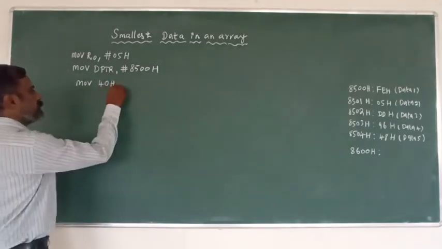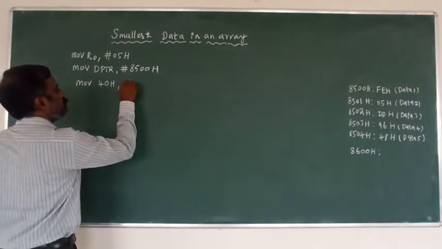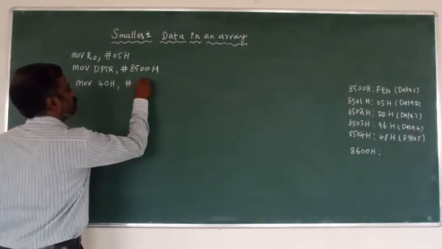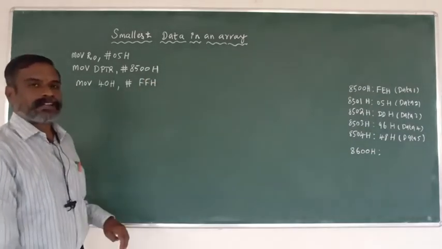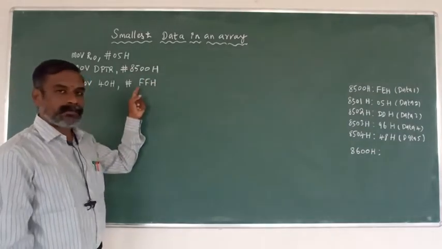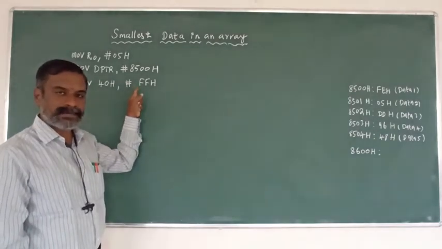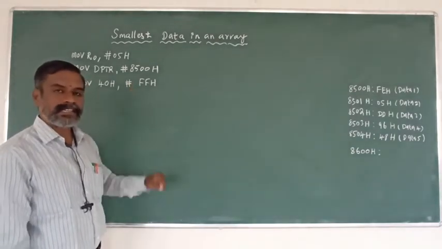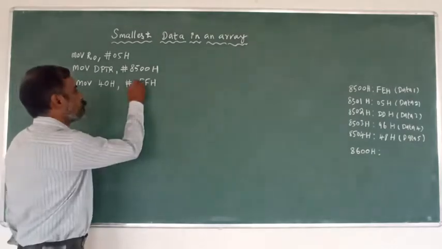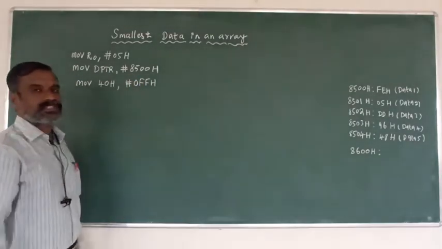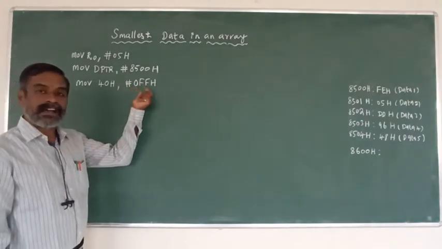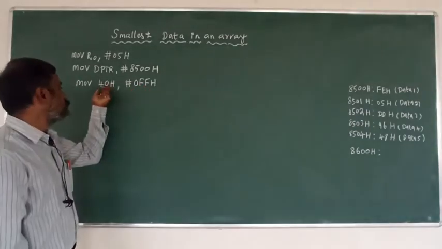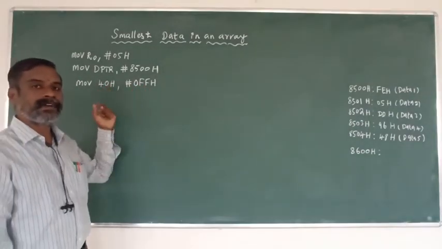Okay, 40, we can load 0FFH. In the microcontroller, the hexadecimal data, the MSB data that starts with a letter, we have to initialize with 0 before it. 0FFH. Okay, the maximum value of 8-bit is loaded into the 8-bit internal memory.